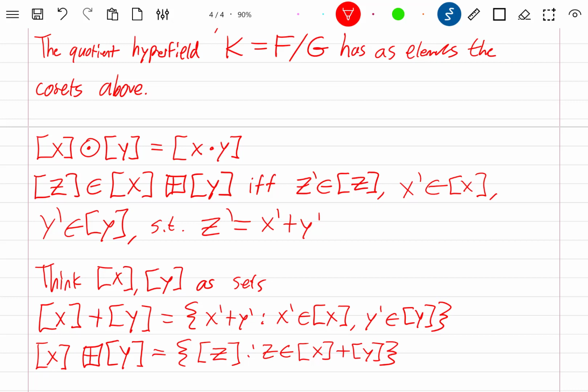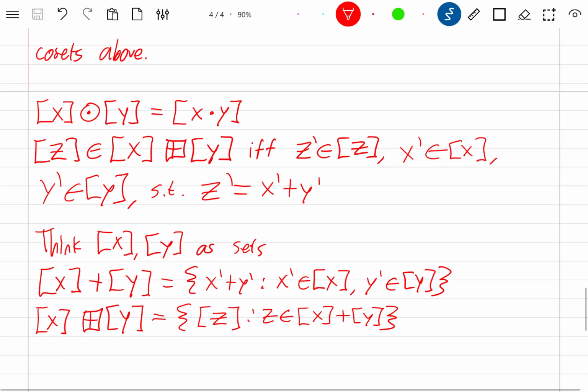So I like to think of it as: take your two cosets, add them together in all possible ways, and the set of all those representatives will be the set. And so this is a quotient hyperfield.